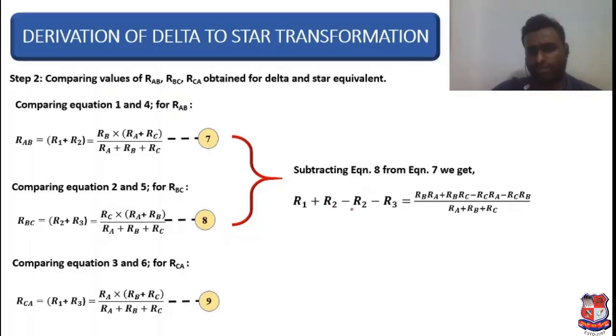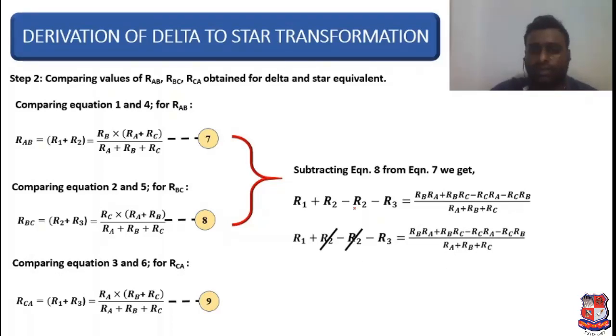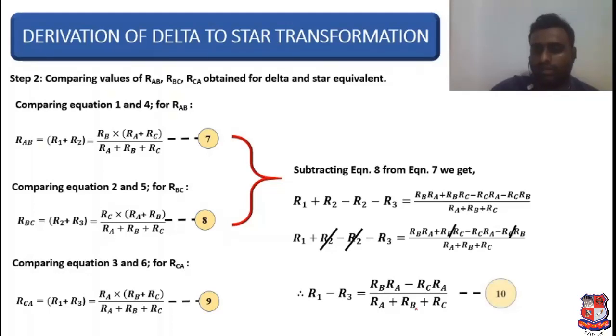R2 and this R2 will get cancelled. Let us solve further. This R2 will get cancelled, and over here you can see this is plus RB into RC and this is minus RB into RC, so they also will get cancelled. So the equivalent will be R1 minus R3, equal to this expression. Let us give this as equation number 10.